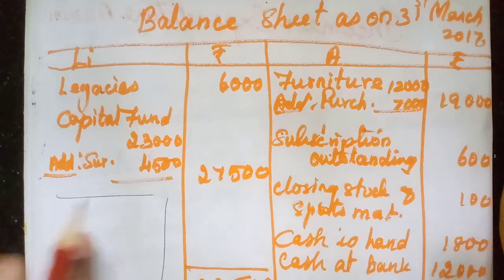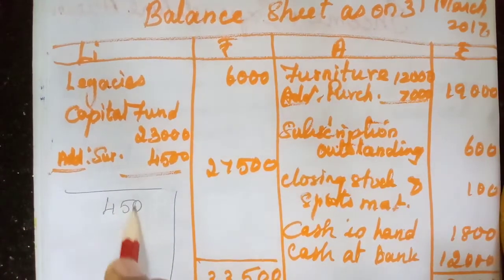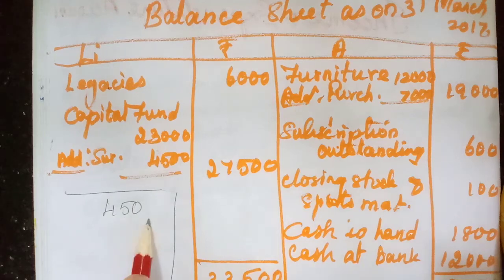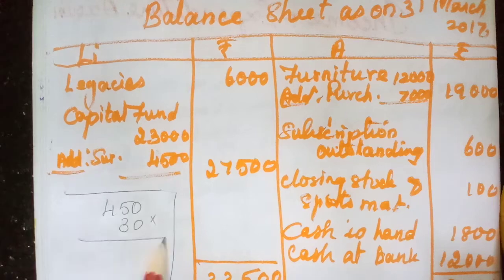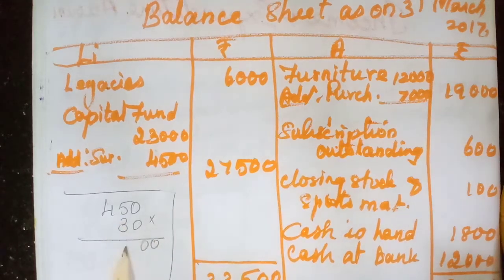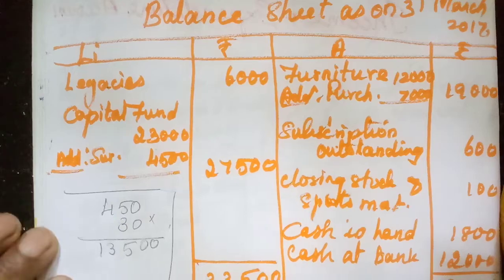Okay, how many members are there? 450 members into 30. 3 5s are 15. Balance 1. 4 3s are 12 plus 1, 13. So how much do we need to get? 13,500.